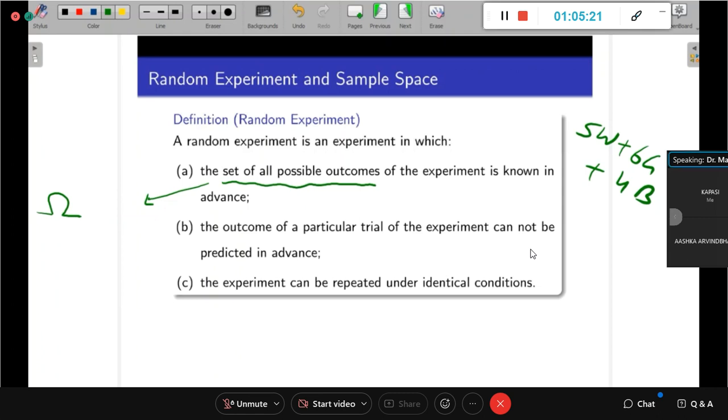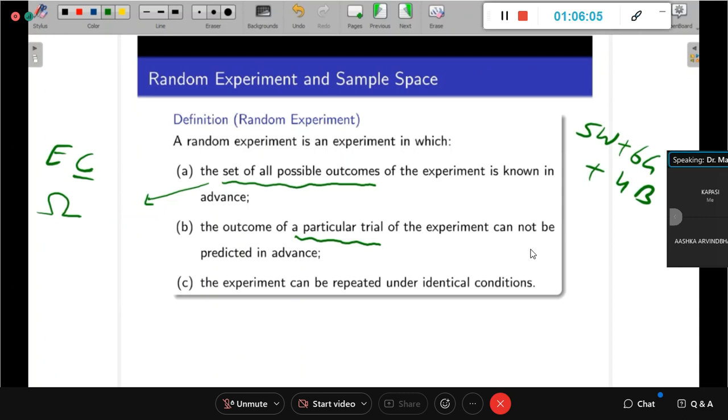If you are conducting an experiment and a particular trial means drawing 2 balls, 3 balls, 5 balls and so on, that we will denote as A, which is nothing but a subset of this omega, called an event. A particular trial could be drawing all of the balls, or trying to draw 2 balls, 3 balls, 5 balls. So this is the definition of event and sample space.